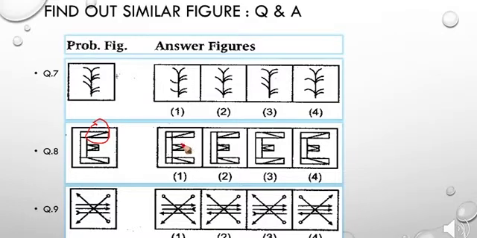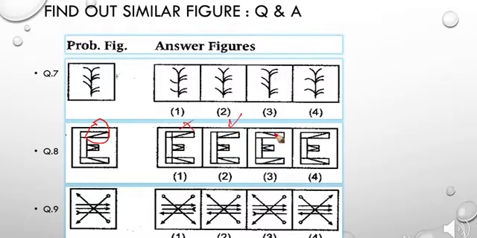In option 1, let's see the nature of this line. This line is starting from here and going exactly in the corner. In option 1, this line is starting from here, but it is not exactly going to the corner, so this is rejected. In option 2, this is going to the corner, this is fine.